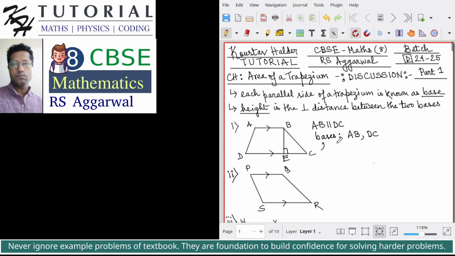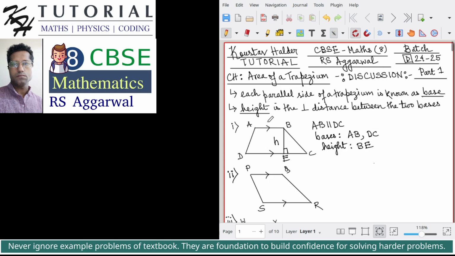So BE will be the perpendicular distance between the bases AB and DC. So in this trapezium the height is BE. We usually denote the length of the height with the small h.